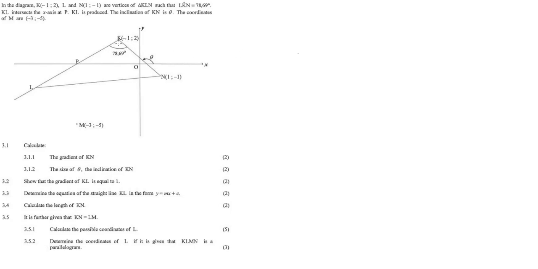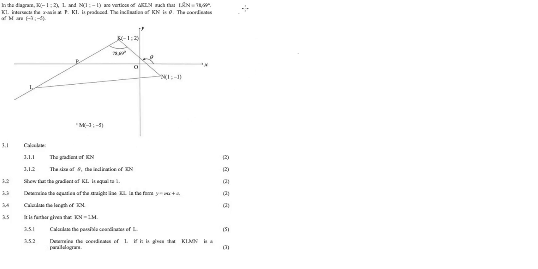We have these lines forming a triangle, and then we have the angle between these two lines. And then we have the point K, and then we have another point outside, which is M. So let's go straight to the question.